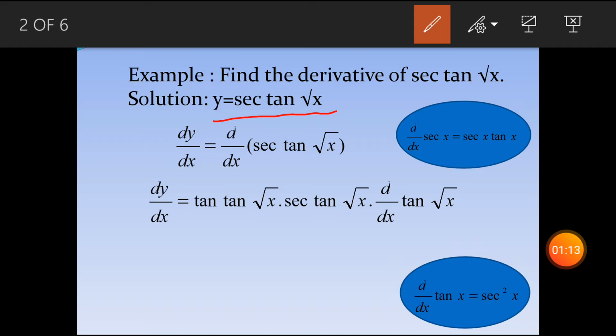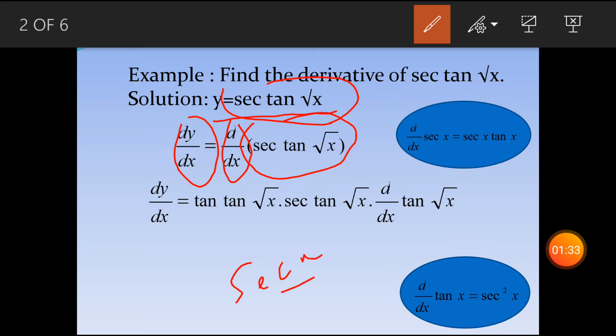So what is that? We want to differentiate y with respect to x. So dy upon dx equals d over dx of y. In place of y we are going to write this function, sec tan root x. Now you just forget about tan root x, treat it as x, and just tell me what is the differentiation of sec x.